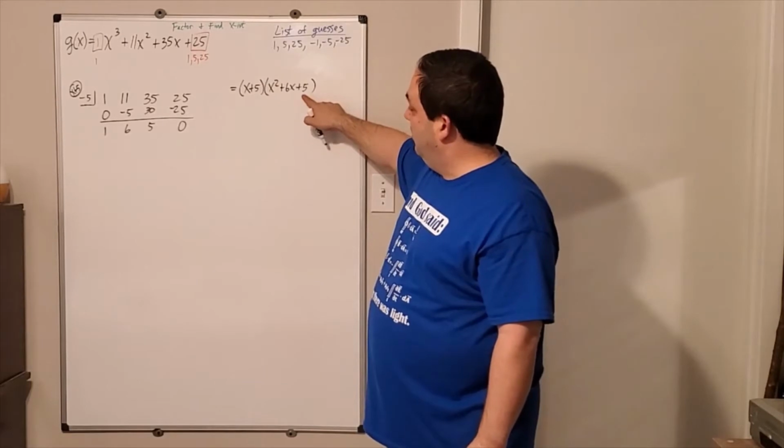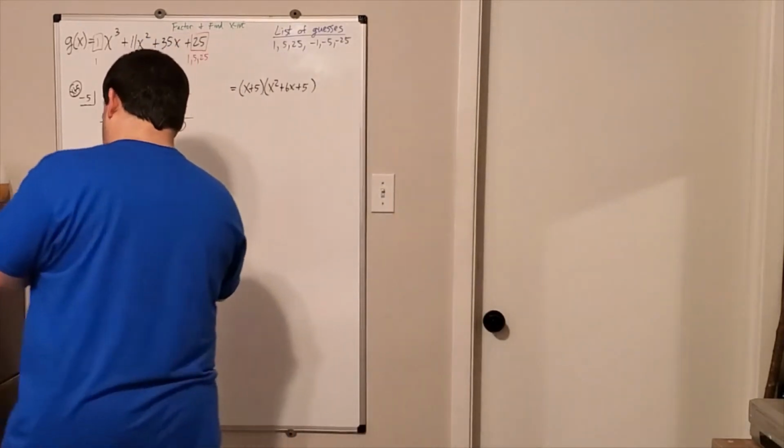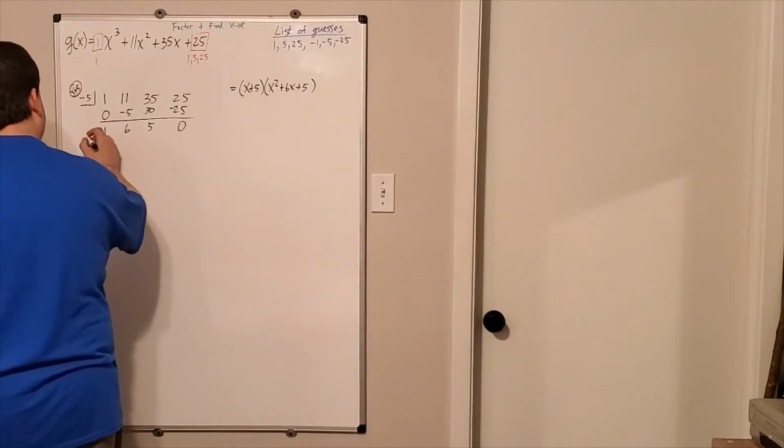And I think you can see where we're going with this. The two numbers that multiply to 5 and add to 6 are 5 and 1, right? Well, notice right here in the box, I could do -5 again.